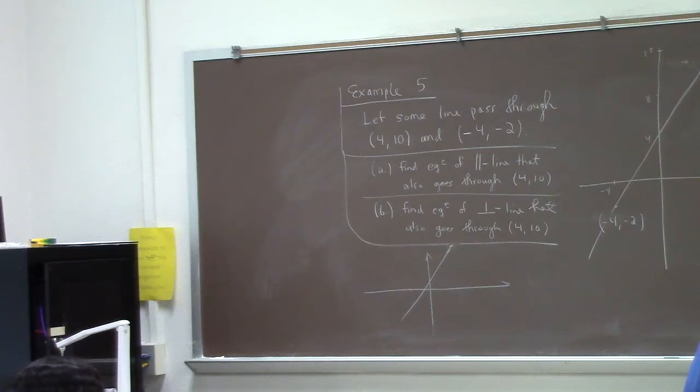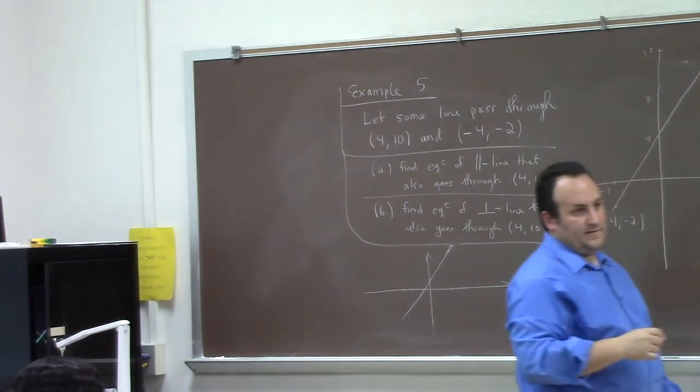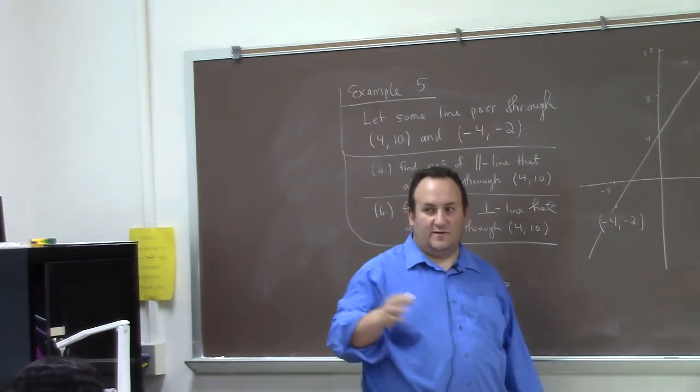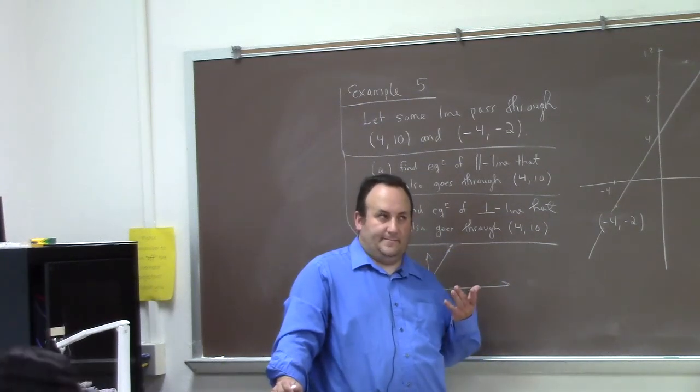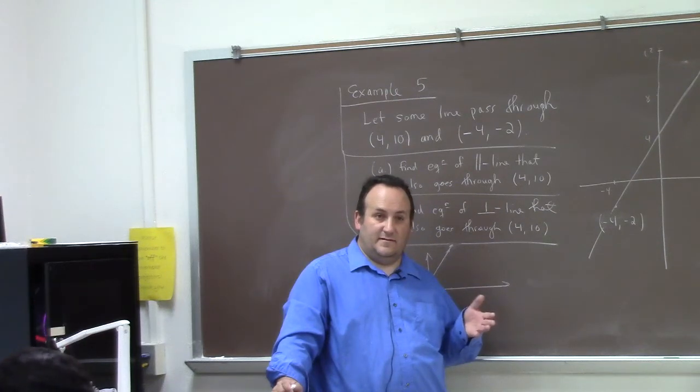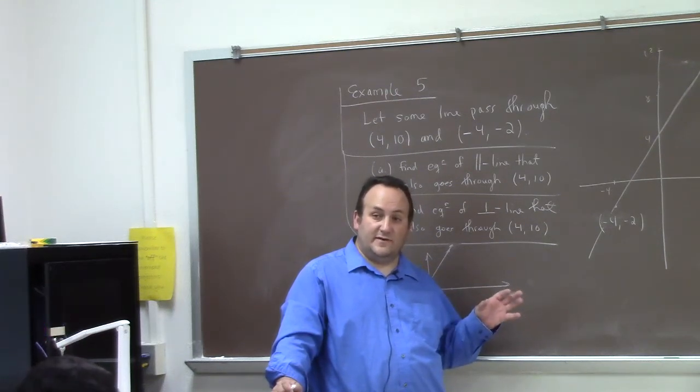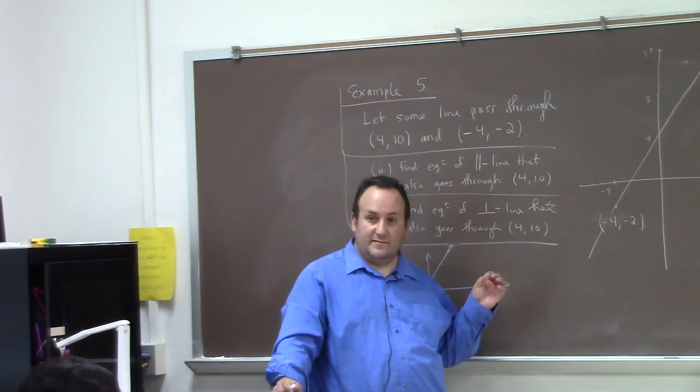Yeah, 3/2. Now this is kind of silly, but if you have a parallel line and you have a given line, and the new line also contains a point on the given line, can you think about how you would draw that?